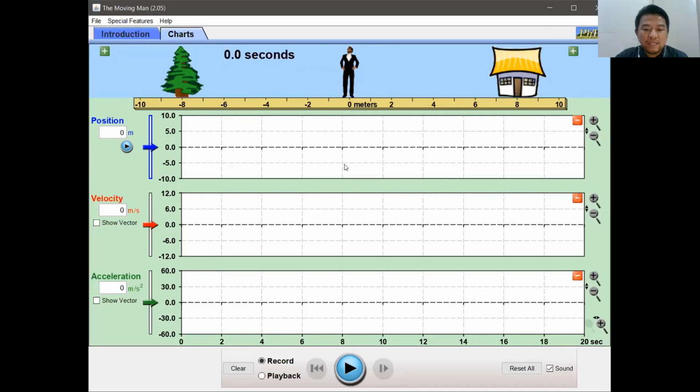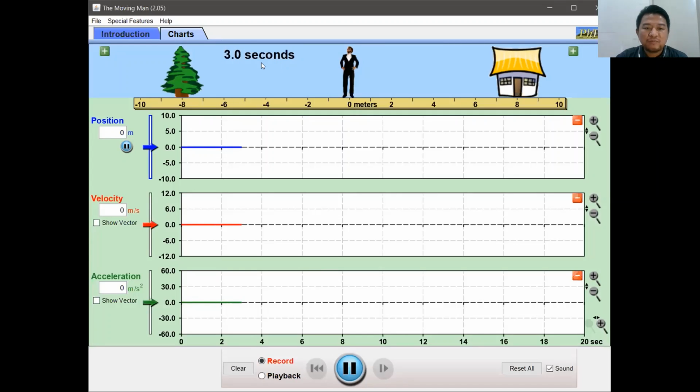And again, this reflects the graph of the motion of the person in terms of position, velocity, and acceleration. If all three variables are 0 and you press start or play, there.